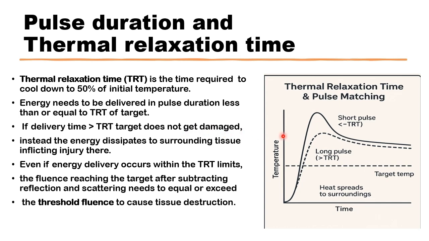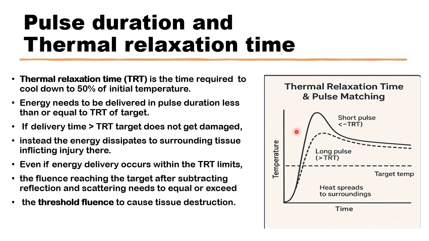This diagram would show the variation of the temperature of the target tissue on the y-axis with time on the x-axis. The effect of the energy in the laser beam in heating up the tissues would be resembled in here. Now, for every type of tissue, there is a certain target temperature. For example, in water, the target temperature would be close to 100 degrees centigrade.